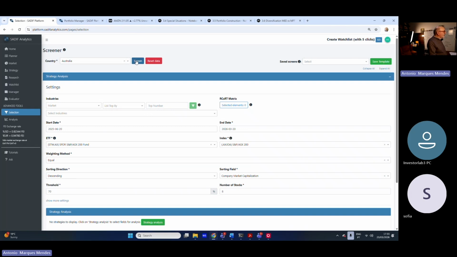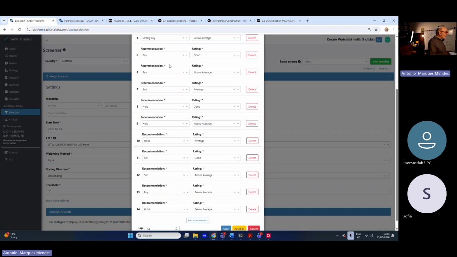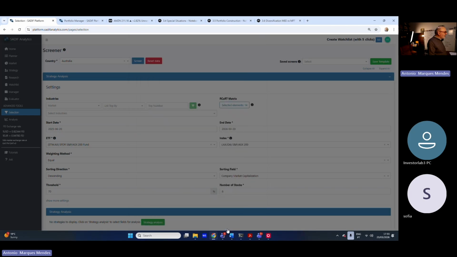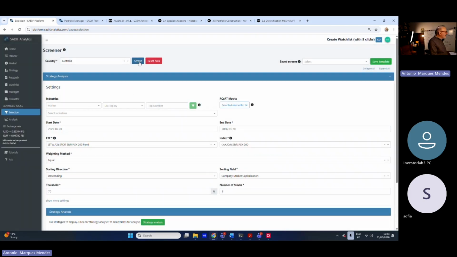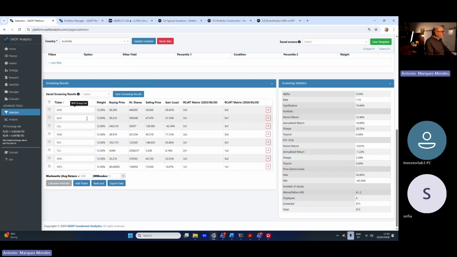Let's select some stocks, just as an example. Let's imagine that our portfolio of 8 stocks included these stocks in Australia, and let's see how we would look at diversification and weighting in our platform.